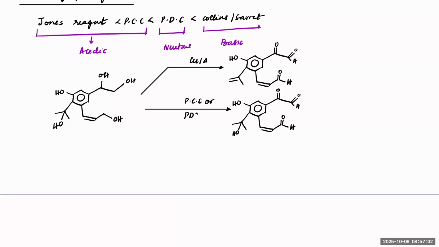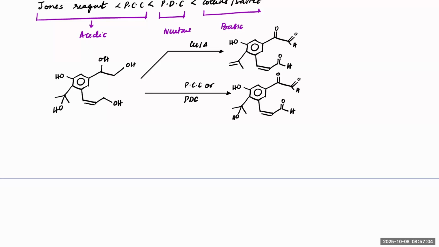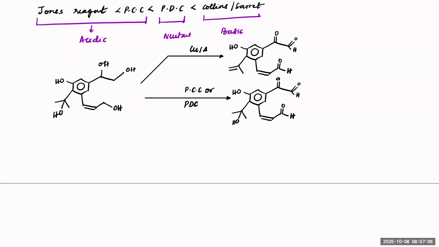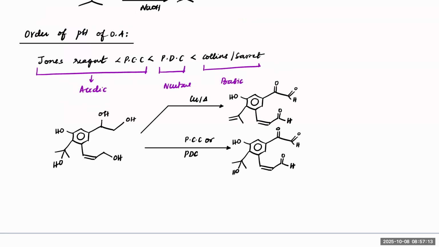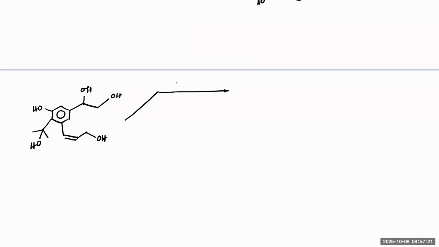And when it comes to Jones reagent, if I take the same reactant here and react it with the Jones reagent, that is CrO3 in the presence of dilute H2SO4.